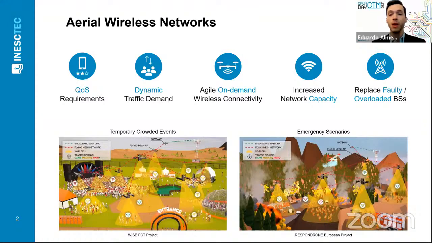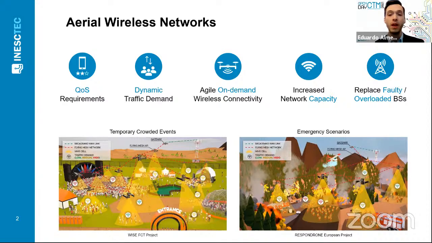And in these scenarios, we can greatly enhance the capacity of the existing network by deploying a set of UAVs, so drones that are carrying onboard Wi-Fi access points or cellular base stations, and they can physically move and position themselves in order to follow the crowds and provide more coverage and capacity to the users that require them the most. On the right-hand side, we can see some emergency scenarios that are being addressed, for instance, in the ongoing European project Respond Drone. In this case, we have multiple teams of first responders handling the emergency, and they need to communicate among themselves and with a central commander.